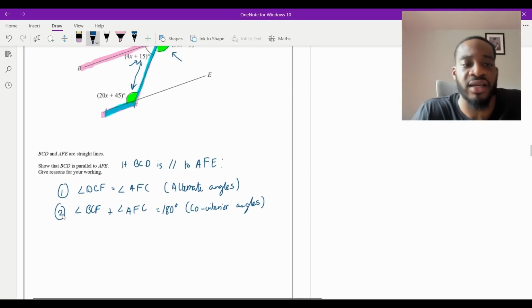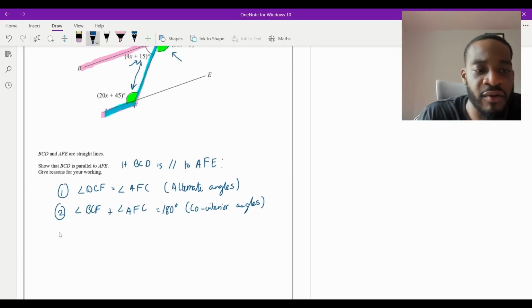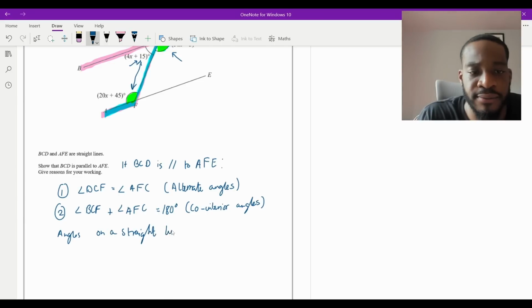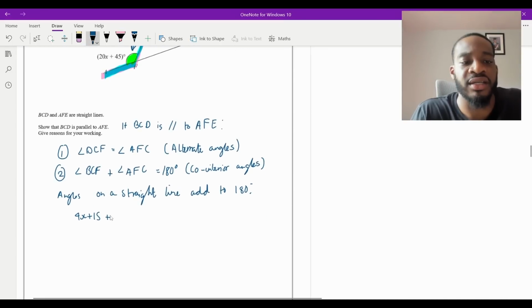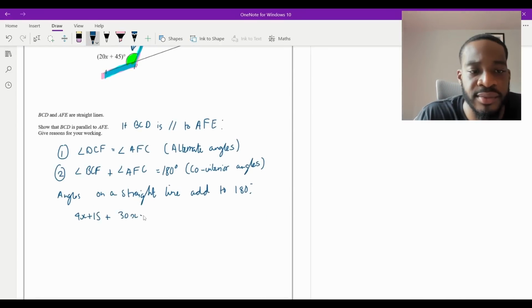So I'm going to write angles on a straight line add to 180. Always write your rules. So that would mean that 4x plus 15 plus 30x minus 5 has to equal 180.